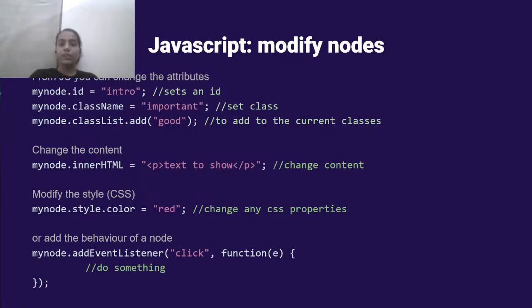HTML serves as the structural backbone of web content. It provides a framework for organizing and presenting information on a web page. And CSS elevates the website design by enabling us to control the presentation and styling of HTML elements. Through CSS, we can modify color, font, spacing, layout, and responsive design.